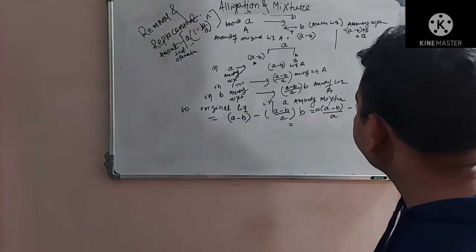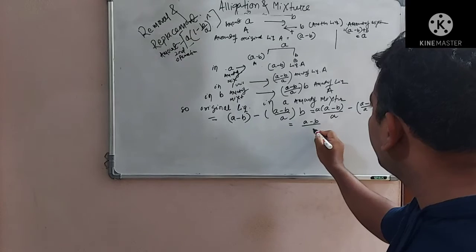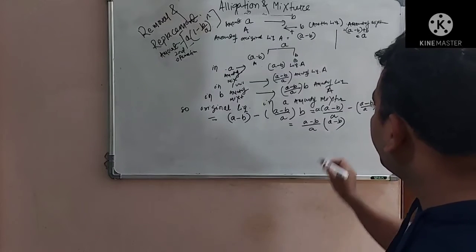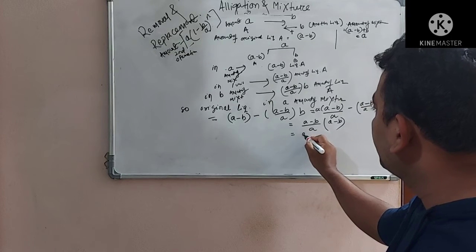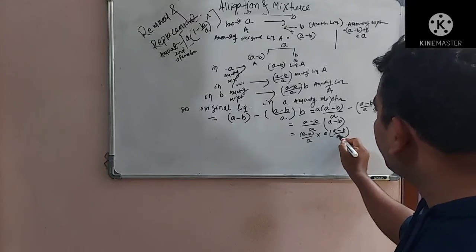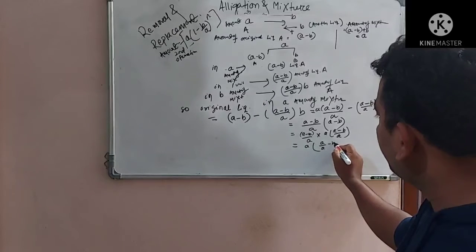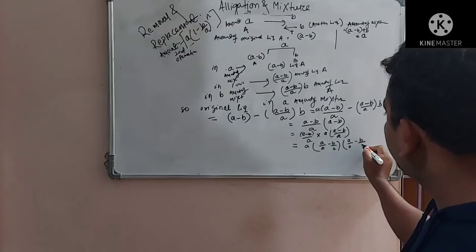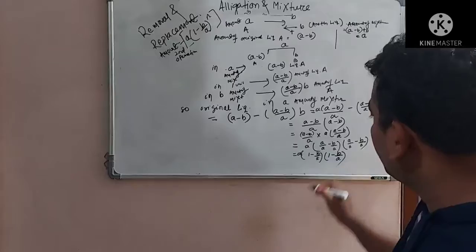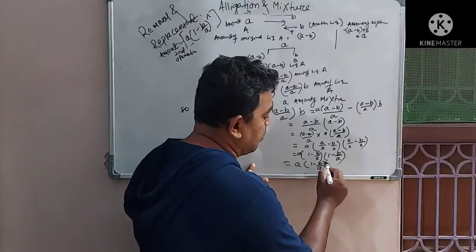So taking common A minus B by A, I have A minus B. I can write A minus B by A whole into A minus B by A. So I can also write A whole into A by A minus B by A. Again, A by A minus B by A is equal to A whole into 1 minus B by A into 1 minus B by A, which is equal to A whole into 1 minus B by A to the power 2.